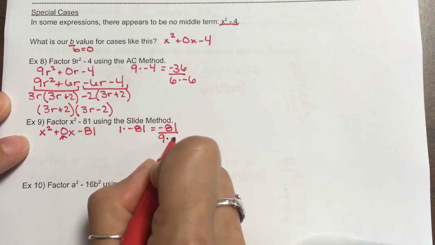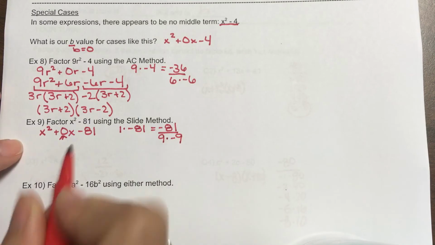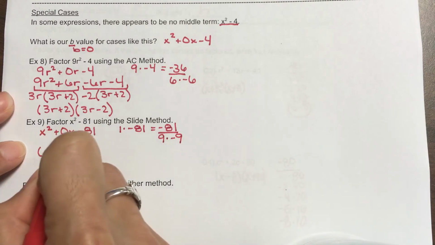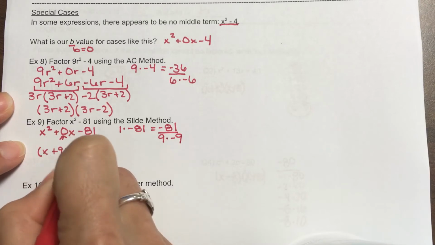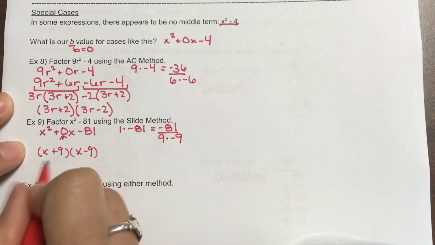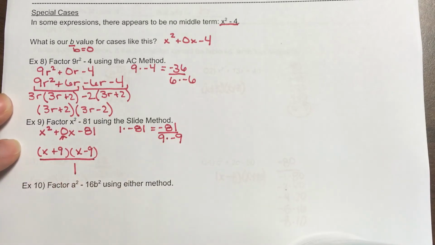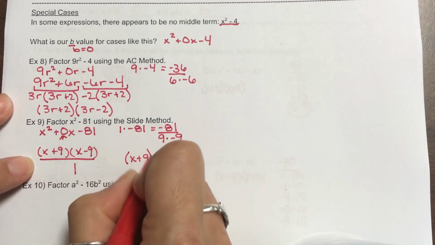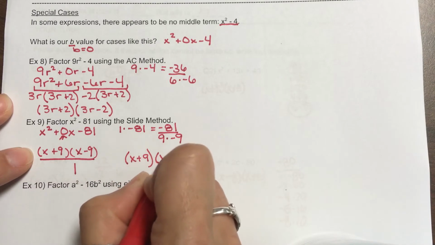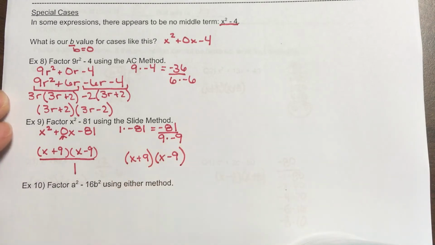That would be 9 times negative 9 for this problem. So if I'm using the slide method, I'm going to go straight into my factors. X plus 9, x minus 9, and then we would divide by our leading coefficient. That's just 1 in this case, so my final form is going to look the same as what we had here. X plus 9 times x minus 9.